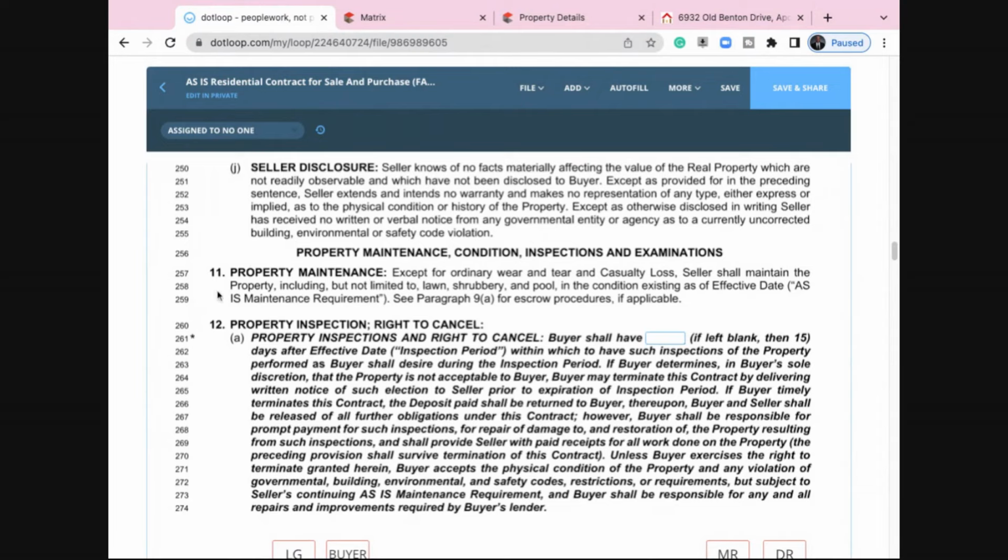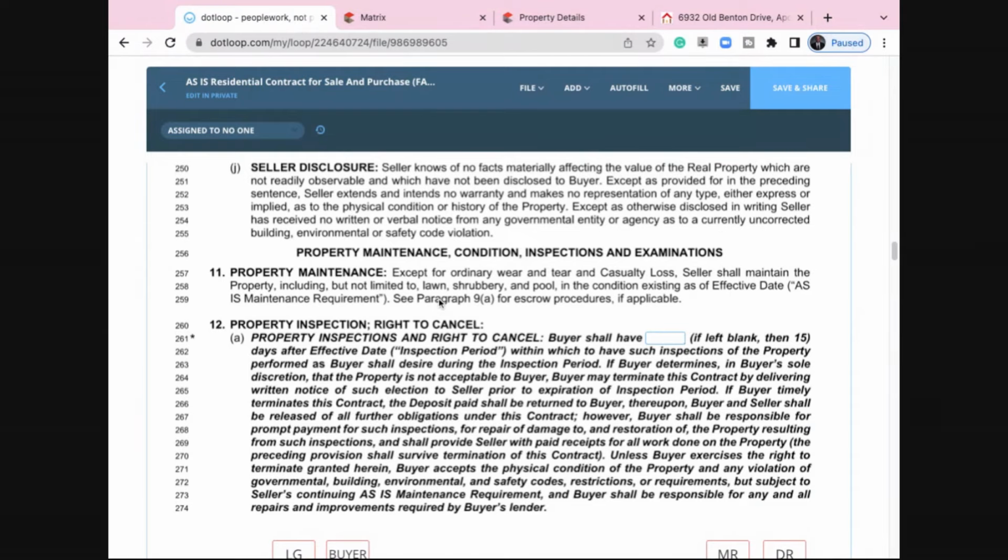So here's one that doesn't really trip many people up, but I do want to let you know that except for ordinary wear and tear and casualty loss, seller shall maintain the property, including but not limited to lawn, shrubbery, and pool in the condition existing as of the effective date.